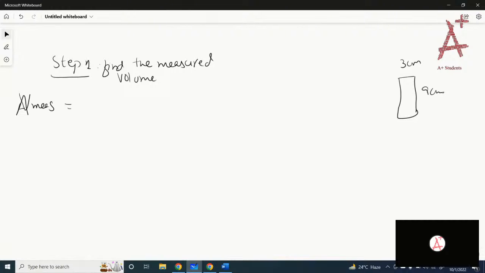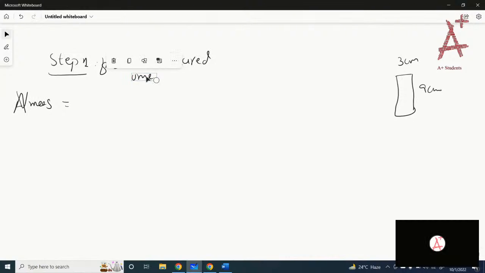Find the measured area. So it is length times width. Length times width is 9 times 3, and it is 27.